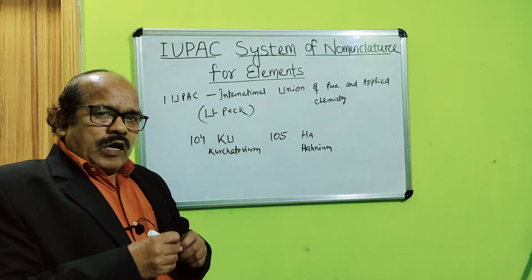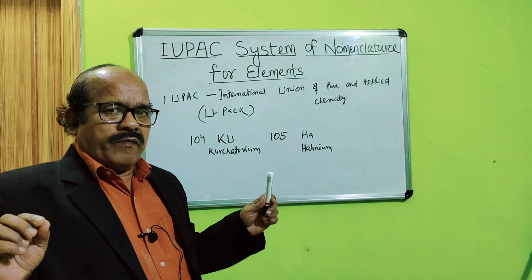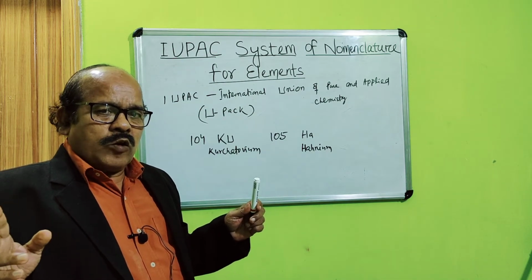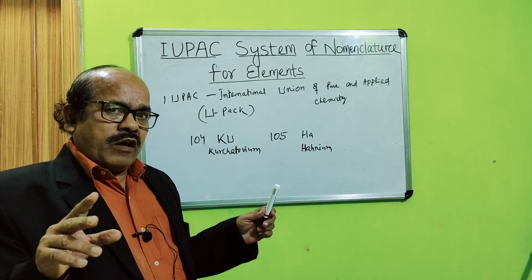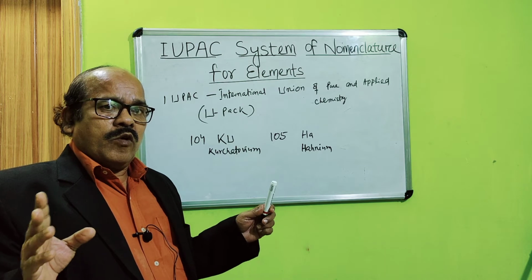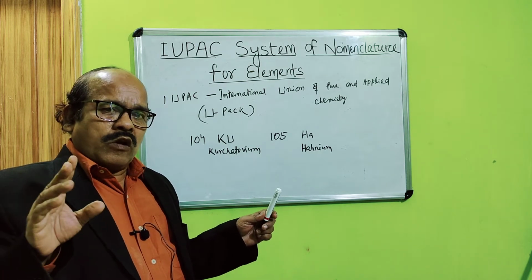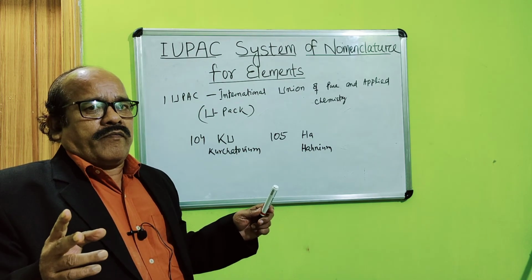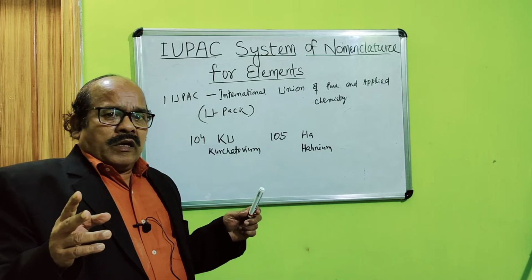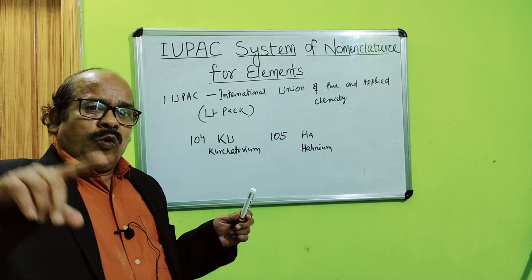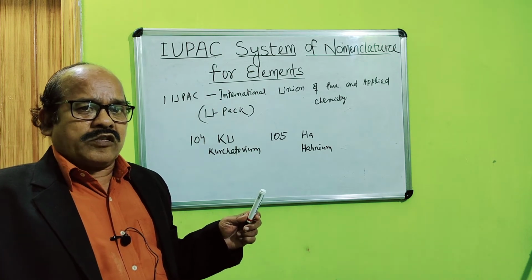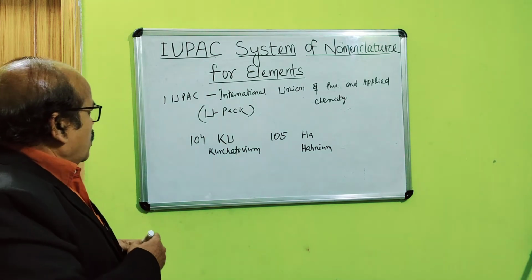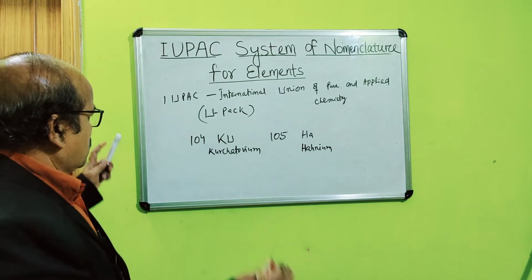Initially, when an element is found out, the credit for naming the element goes to the discoverer, according to their own country or capital or city, whatever they like. But when a particular element was claimed by two different scientists from two different countries, the problem is what name will be given. So, the IUPAC system is like this.